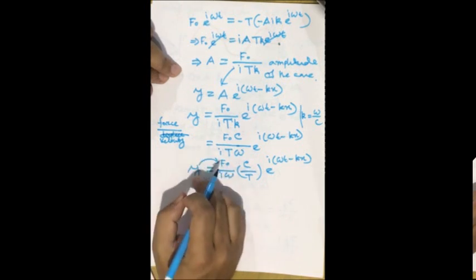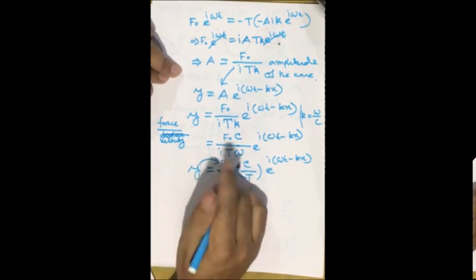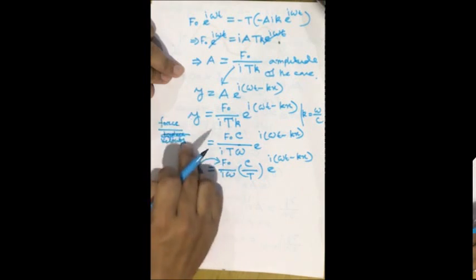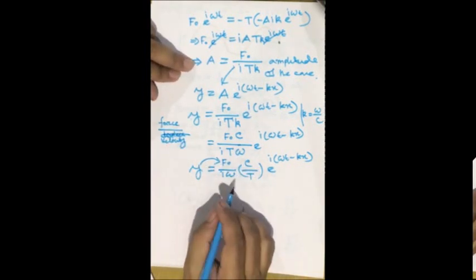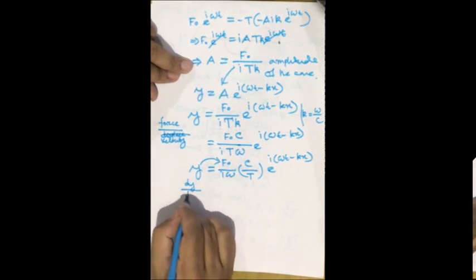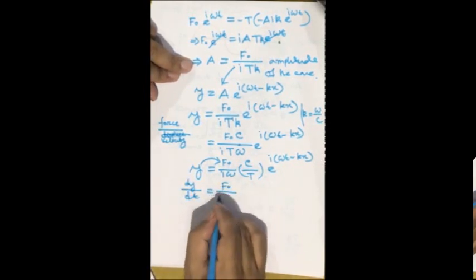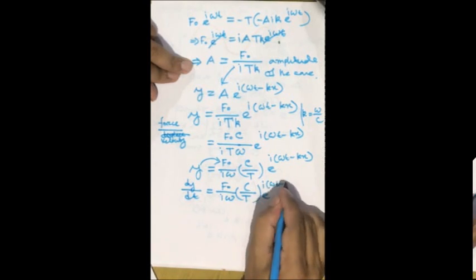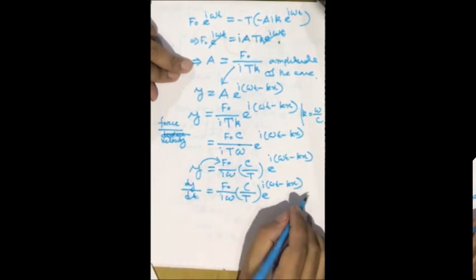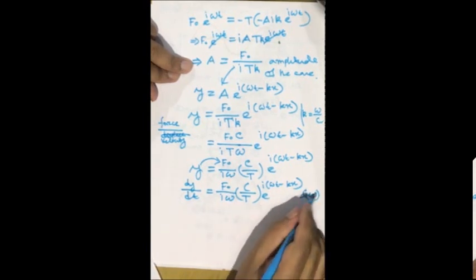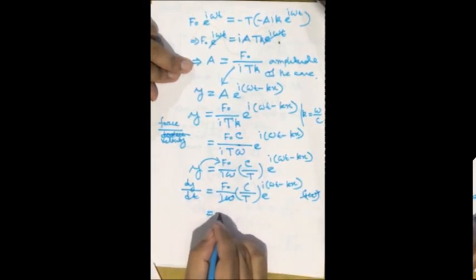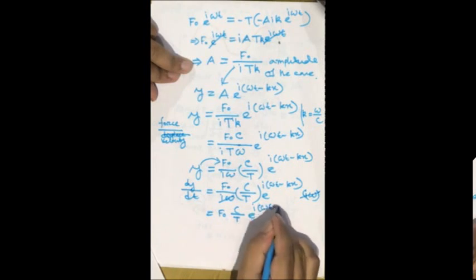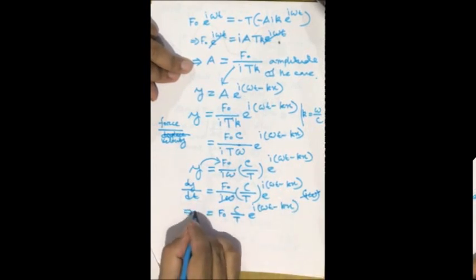I have expressed the displacement with respect to the transverse force, so it will be very easy to determine the ratio of transverse force to transverse velocity. y is the transverse displacement, therefore transverse velocity dy/dt will be F₀ c/(iωT) e^{i(ωt − kx)} times iω. Cancelling iω, we get F₀ c/T e^{i(ωt − kx)}. So this is our transverse velocity v.